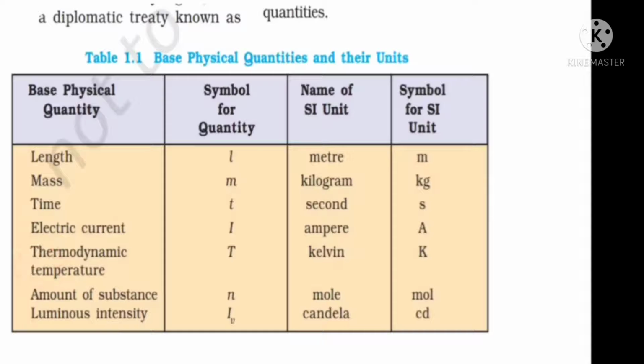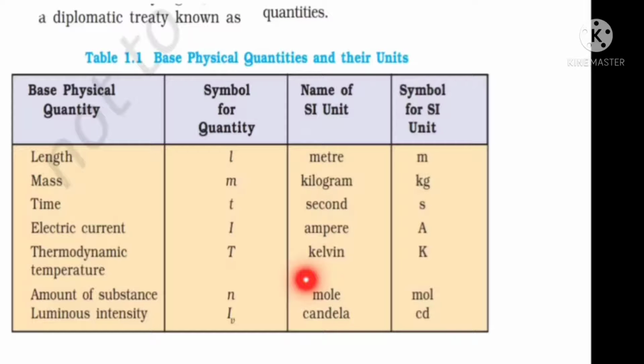Thermodynamic temperature is represented by capital letter T. The name of the SI unit of temperature is Kelvin, and the symbol for the SI unit of temperature is K. Amount of substance is represented by small letter n.